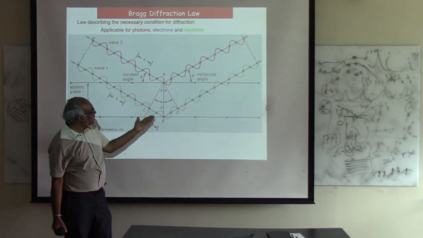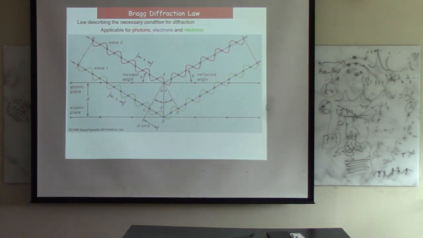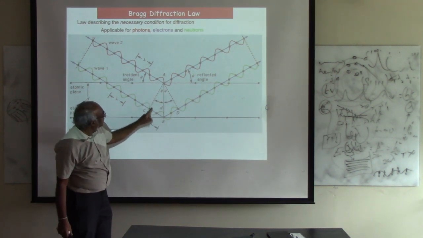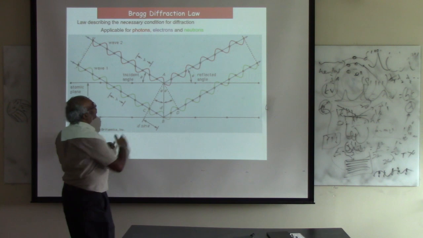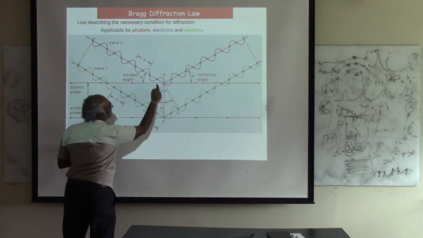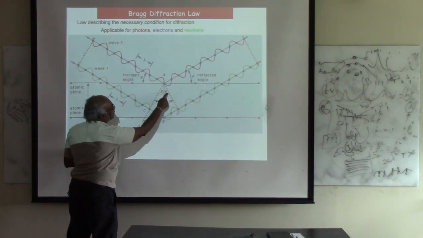So that means your path difference is what? Suppose this is my d, that is d_hkl, right? So that we talk about this one. So then I can write this distance is what? Because we are talking about this angle, right? So if this is theta, this is 90 minus theta, this is theta, right? So this is theta, then we know this is also theta.